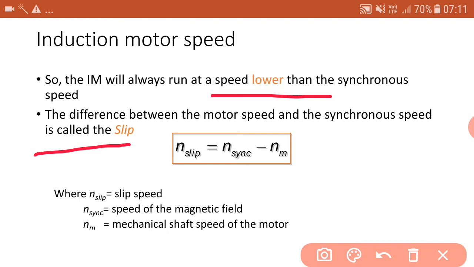It is defined as n_slip = n_sync - n_m. Here n_slip is the slip speed, n_sync is the speed of the magnetic field, and n_m is the mechanical shaft speed of the motor. We can also say that it is the running speed.